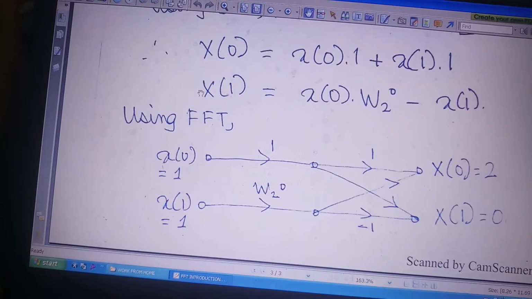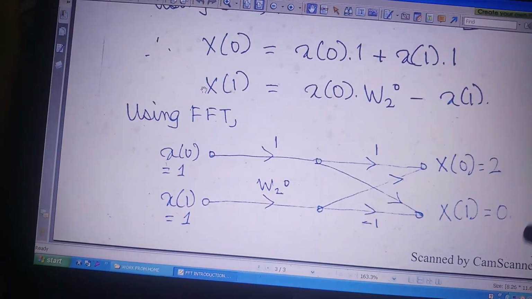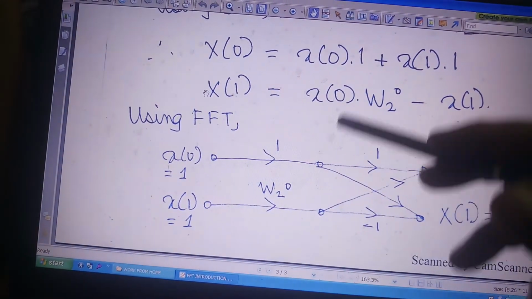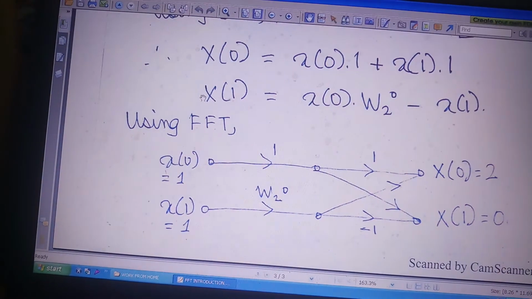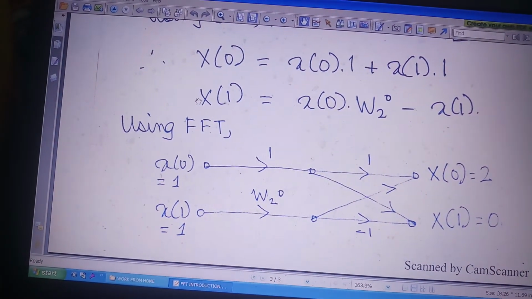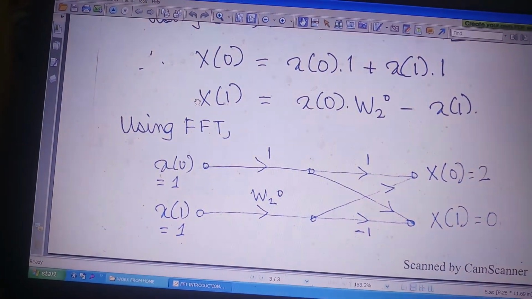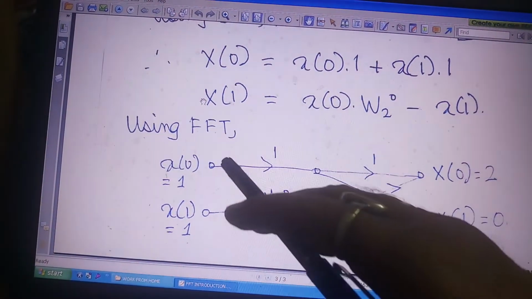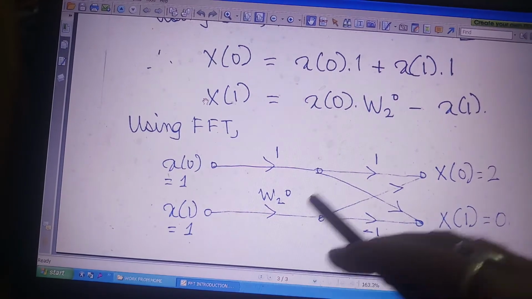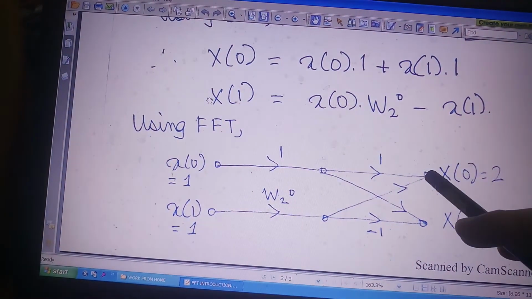FFT is nothing but a signal flow graph. Look how I have presented it. If you look at the basic expression, it is nothing but multiplication and summation. So if you break it into two parts, this part is the multiplication part and this part is the summation part.